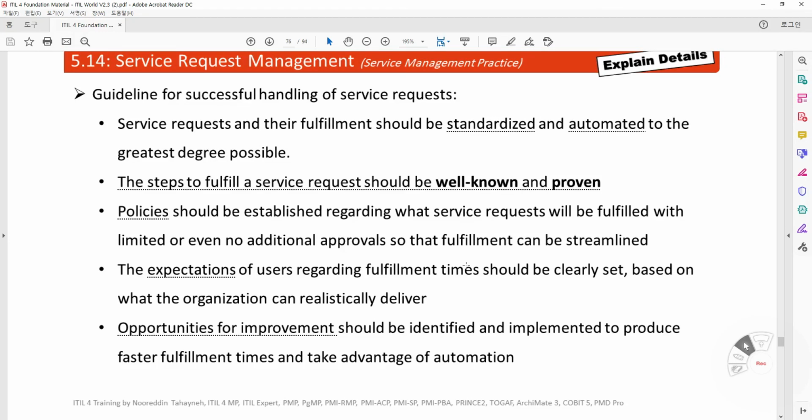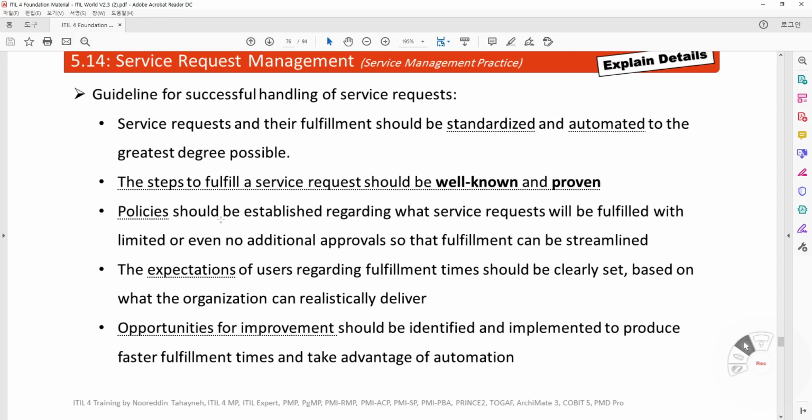Service request management guidelines for successful handling of service requests. Service requests and their fulfillment should be standardized and automated to the greatest degree possible. The steps to fulfill service requests should be well known and proven.